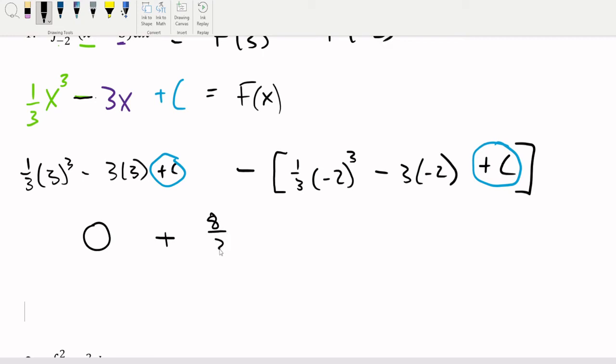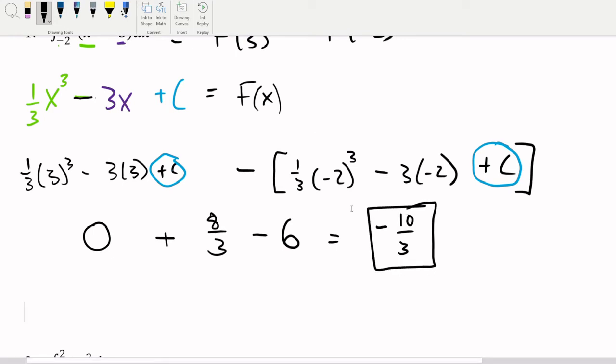So that's 8 over 3. This is going to be +6, but the negative comes in and knocks it to -6. And then again, the c cancels. Okay, and we can do this outright. So put a 3 under here, a 3 on top. You're going to get 18. So this is going to be -10/3.